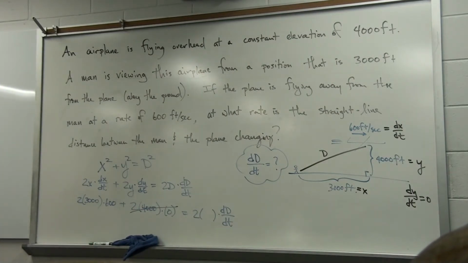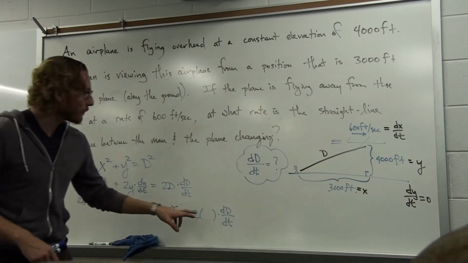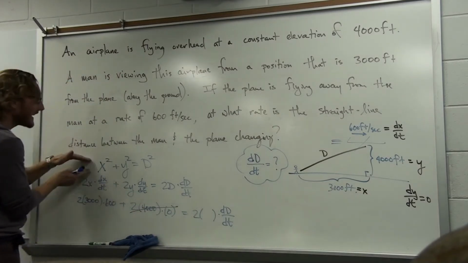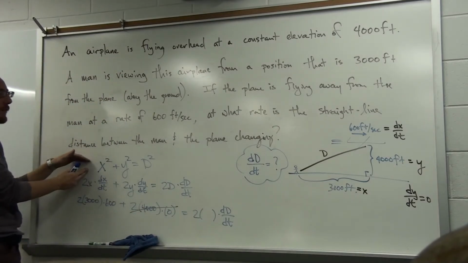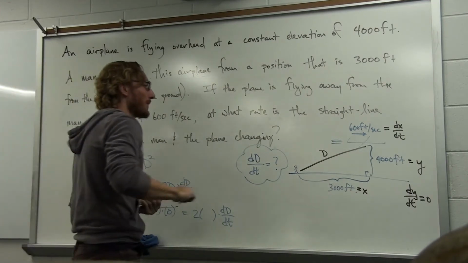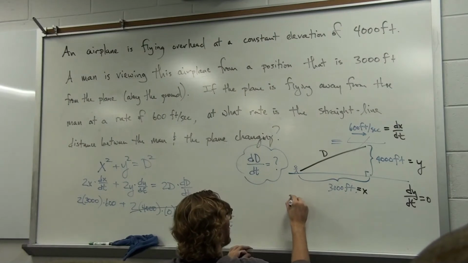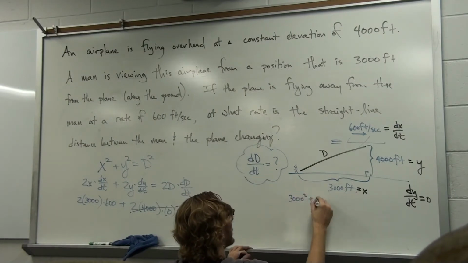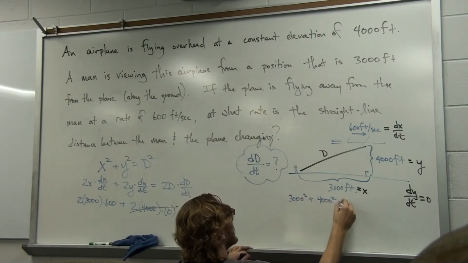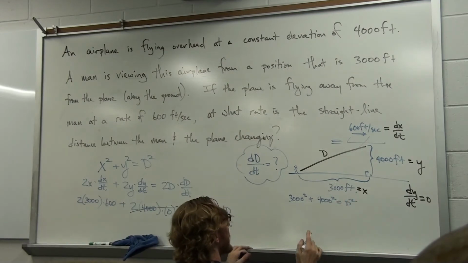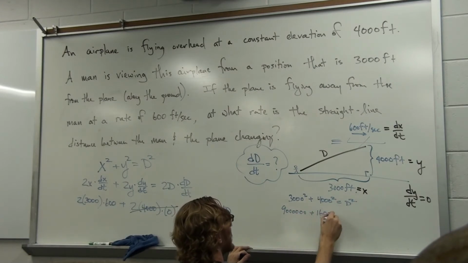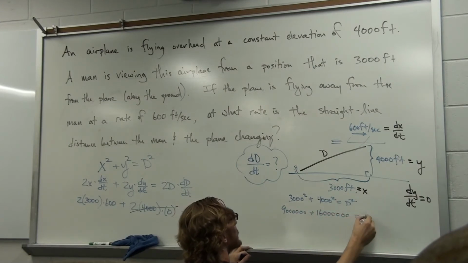What is d? Well, the question of what d is relates to the original equation involving d. So to find out what d is, we simply need to use Pythagoras, which is to say 3,000 squared plus 4,000 squared equals d squared. So this is going to be 9 million plus 16 million equals d squared.